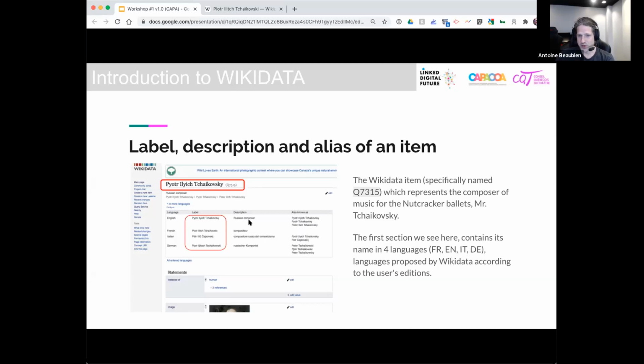Now, a description is really a small amount of words which gives you an idea of what you're talking about. It's very important, especially when you're working with names that have many meanings. Like for the Titanic, the description is what's going to help you make sure you talk about the right item.